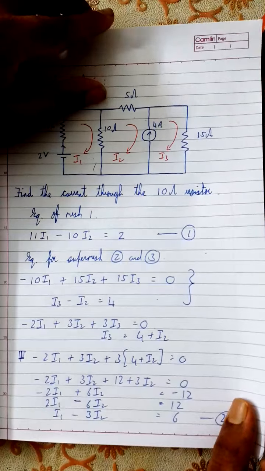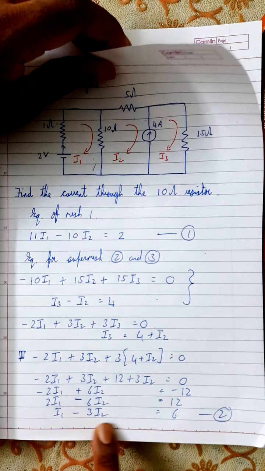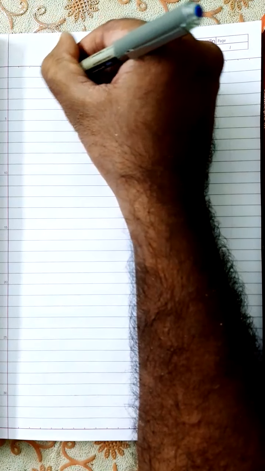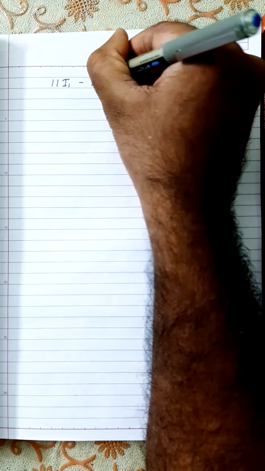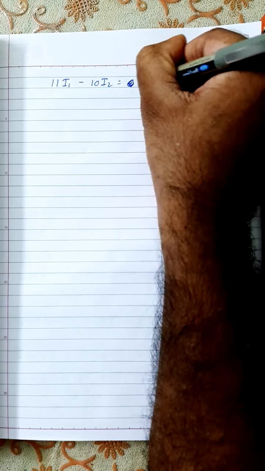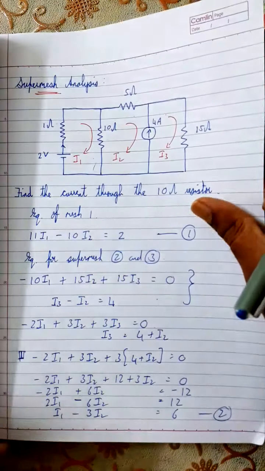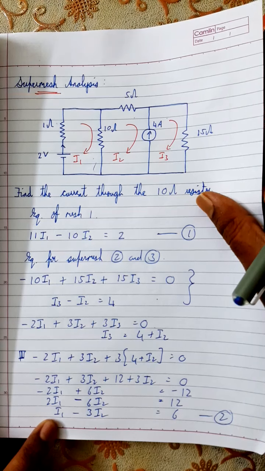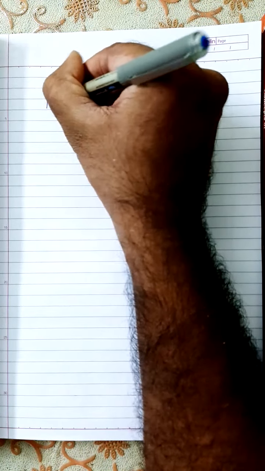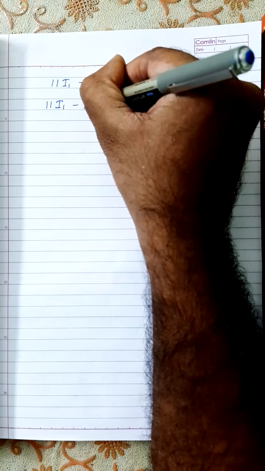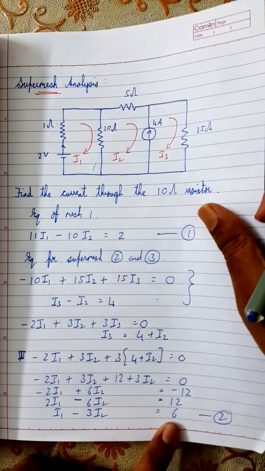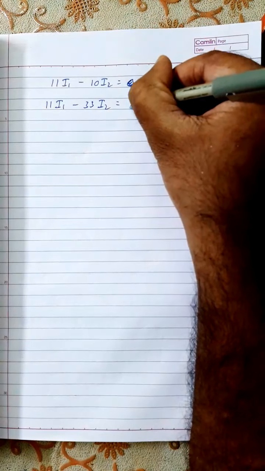So you will get, let me see, multiplying this equation with 11, right? So I will get 11 I1 minus 10 I2 is equal to 2. As for the other equation, if I multiply this by 11, 11 I1 minus 33 I2 is equal to 6 into 11, which is 66.